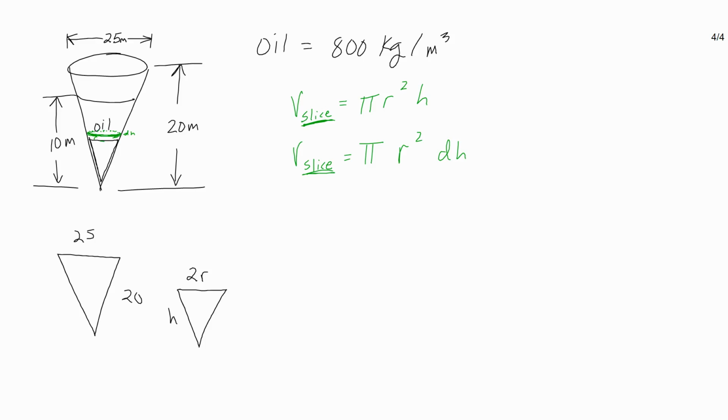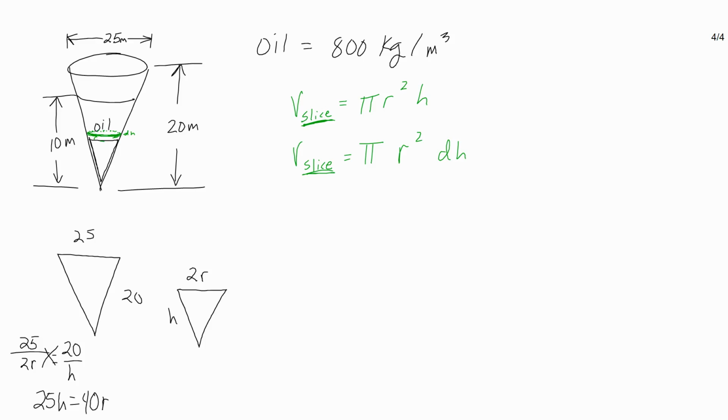Now, when you set up the handy dandy thing right here, we'll do this in black. You get 25 is to 2R as 20 is to H. So 25H is equal to 40R, check my math.